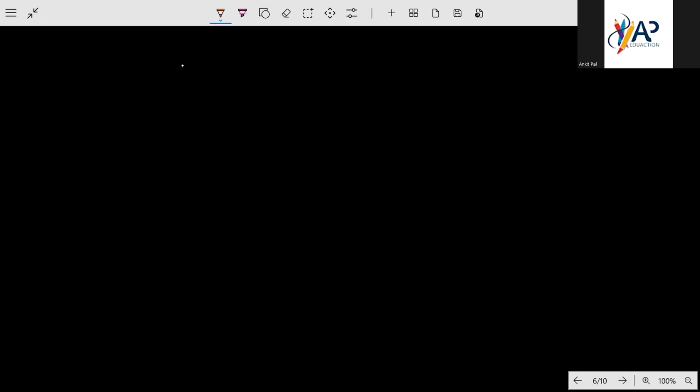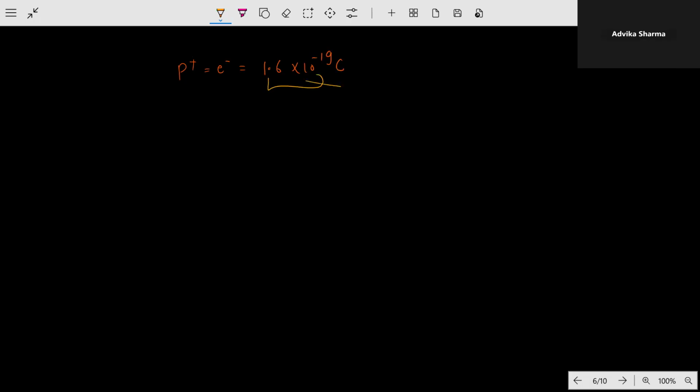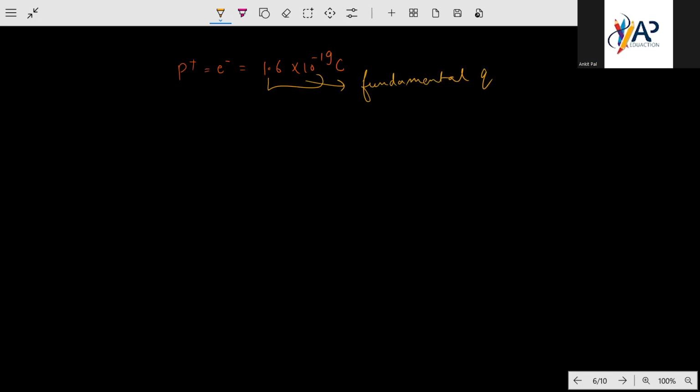We know that the charge of a proton and the charge of an electron is equal to 1.6 into 10 to the power minus 19 coulomb. We know that this is a fundamental charge. So we can say that this is a relative charge.